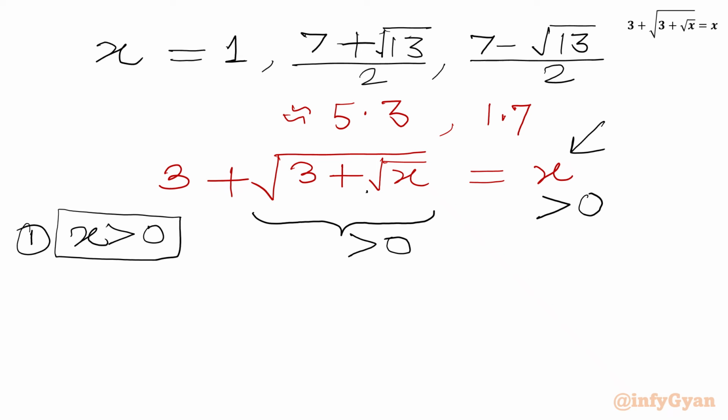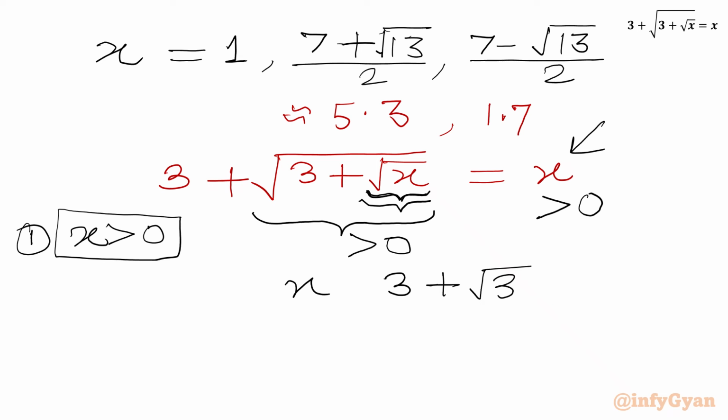Now if you notice this square root, it would be a non-negative value. So the RHS x would be greater than 3 plus square root 3, as the minimum value of square root x, which is in the LHS, would be 0 only. So the RHS x would be 3 plus root 3.